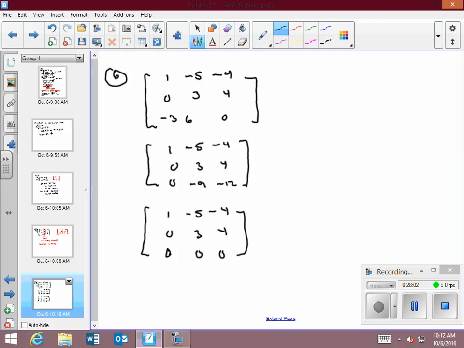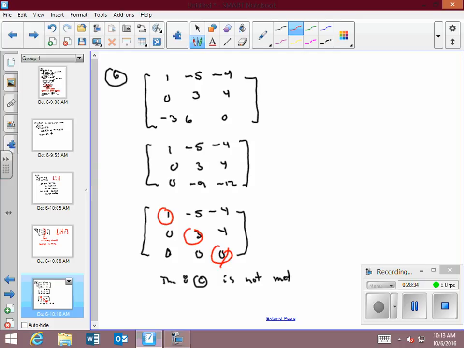And if you look at theorem 8C, A has n pivot positions. It's not met, because there's a pivot position there, but this is not a pivot.